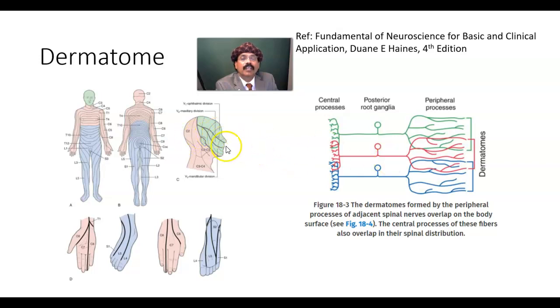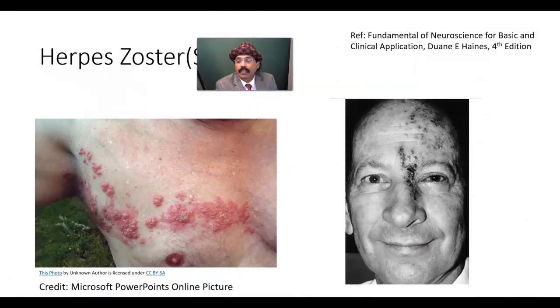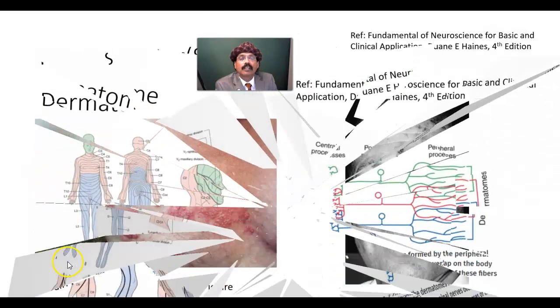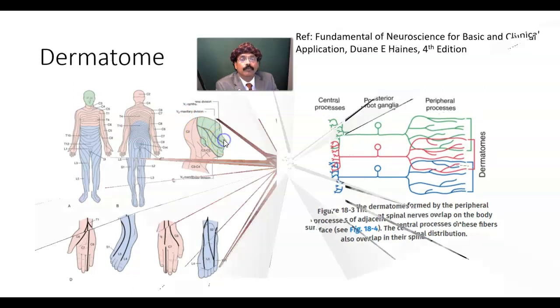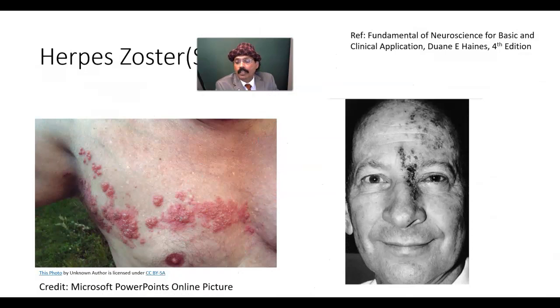The maxillary area dermatome is the maxillary nerve, and the mandible area dermatome is the mandibular nerve. Up to the vertex is the ophthalmic nerve, including the roof of the nose, even the side of the nose. Okay, you have to remember that part.